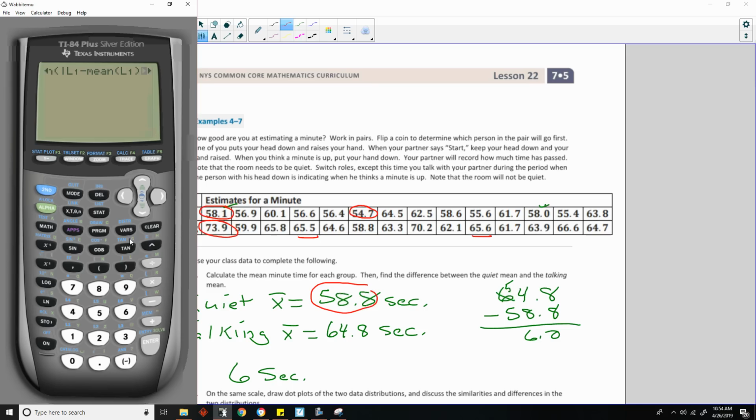Close the parentheses for there, and a final parenthesis, and I hit enter. Okay, so I got the mean absolute deviation of the set from quiet to be 2.68. 2.67, I guess, rounding down, 2.67.